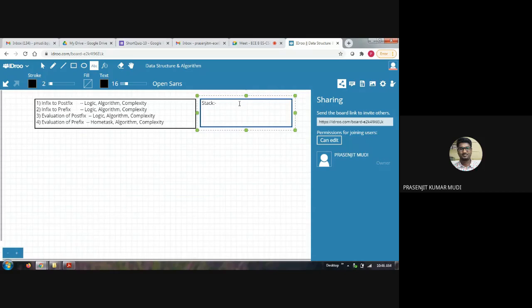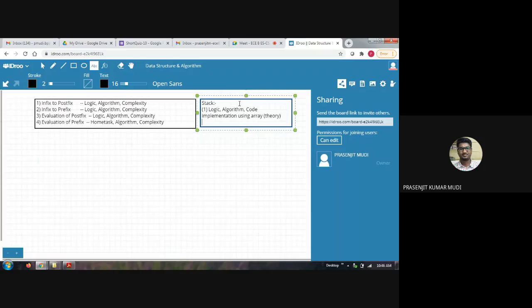In stack, we have done the logic: what is stack, logic using array in theory, algorithm, and code implementation. Code implementation using array has been done in theory.